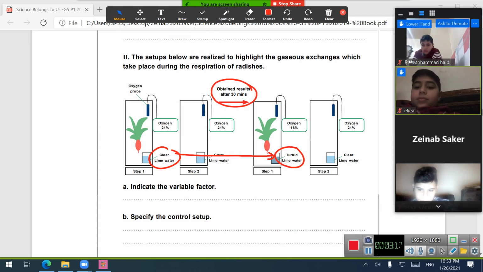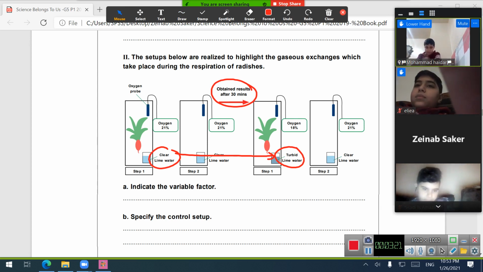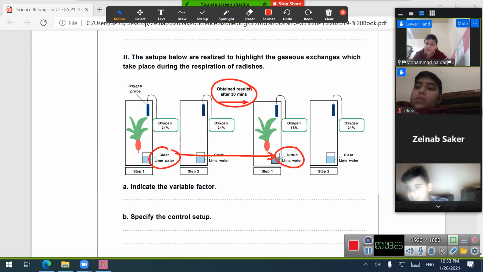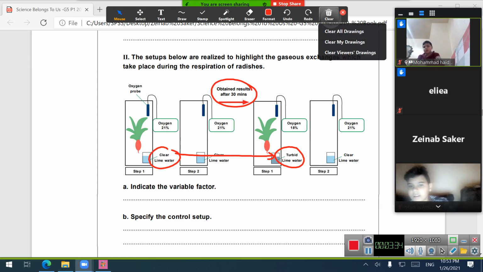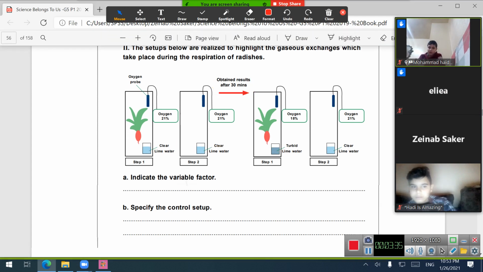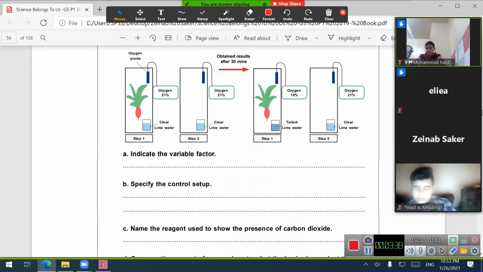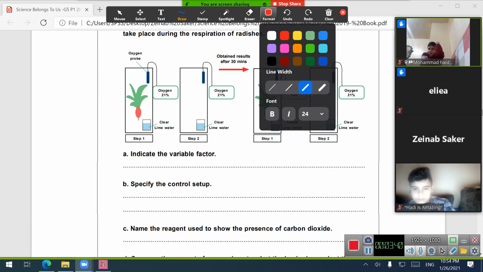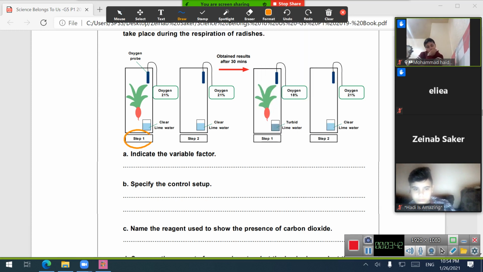Muhammad Haidar, what is your opinion? What is your answer? Radish plant is absent in step 2. Okay, excellent, thank you. So I will repeat again. I have 2 steps, step 1 and step 2.